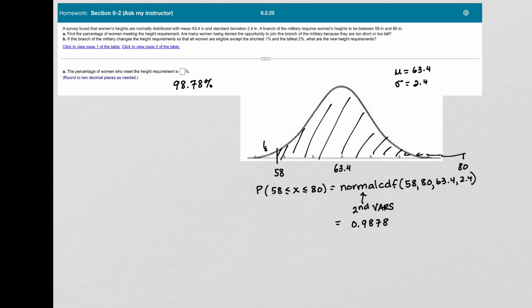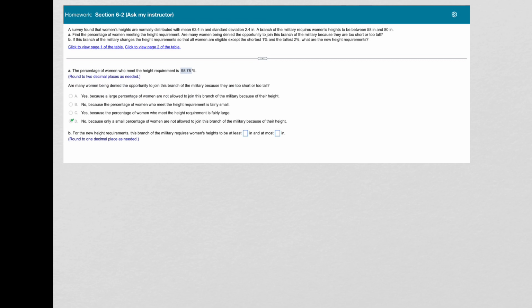So here we can see that I chose, no, there is not a large percentage of women who do not have the opportunity to join this branch of the military.